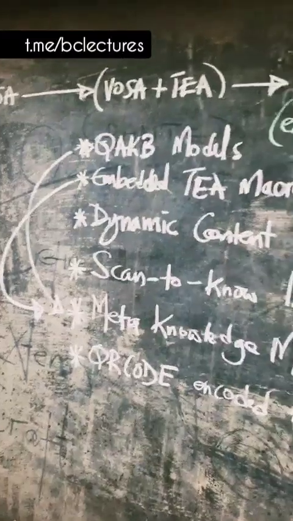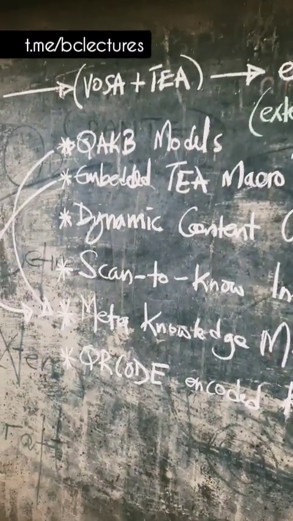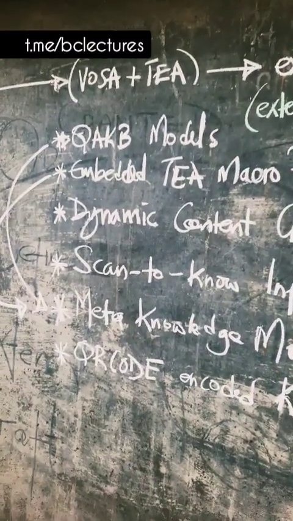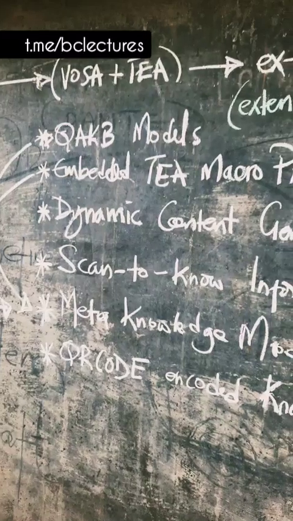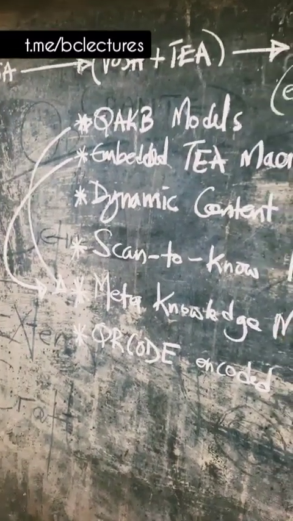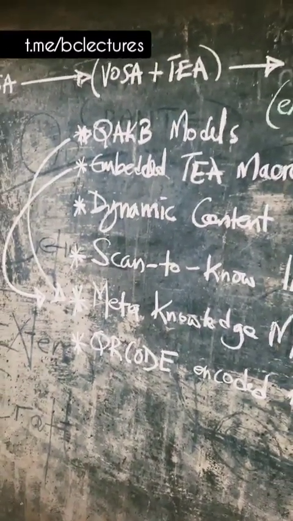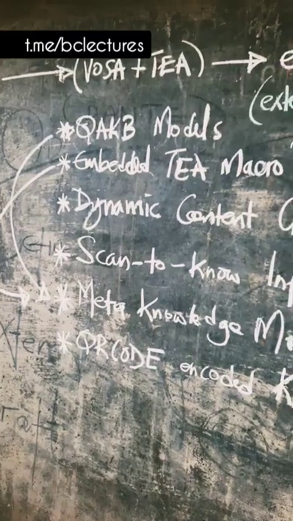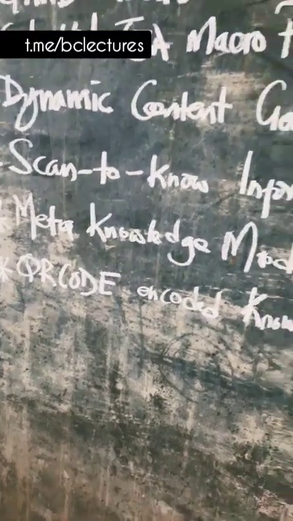So first of all, these knowledge models that VOSA uses are based on QAKBs, question answer knowledge bases, and we are saying that these knowledge bases are going to evolve into what we are calling meta knowledge models.